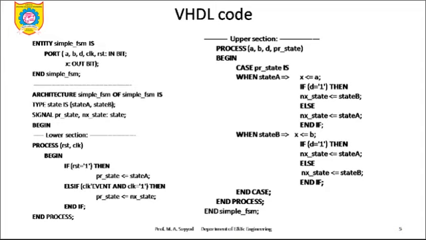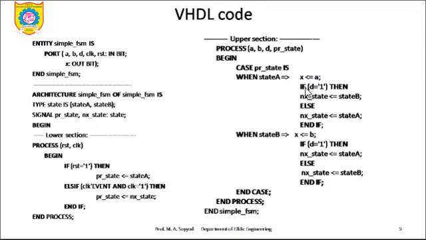Now look at the upper section, that is the part which depends on present state. What is happening in the present state? For that we have written a case statement. Case present state is: if you see carefully, when state A, your output x is equal to A, or A is assigned to x.